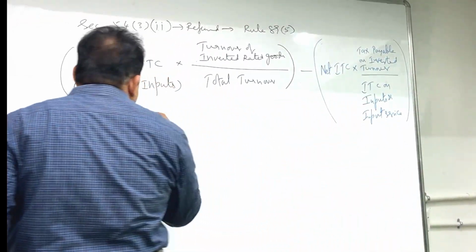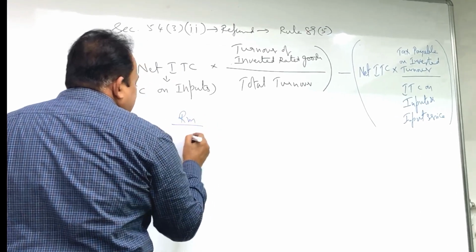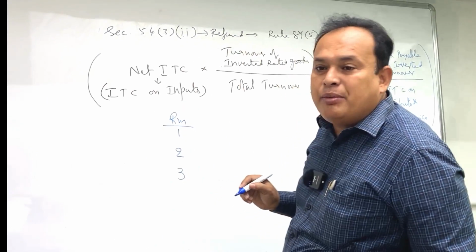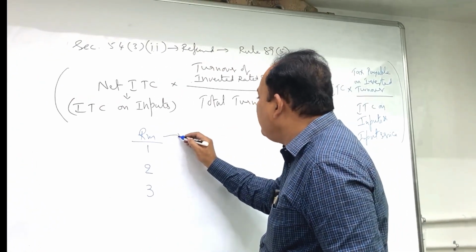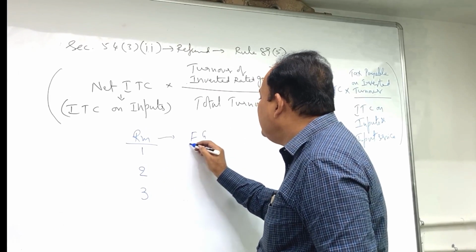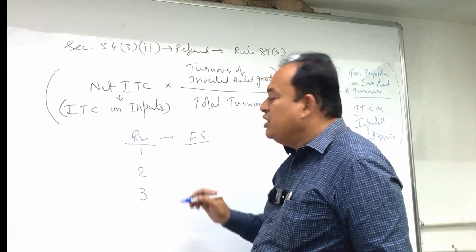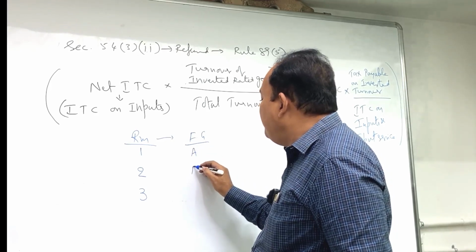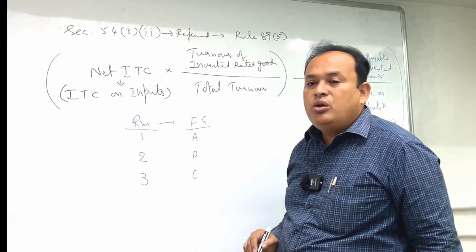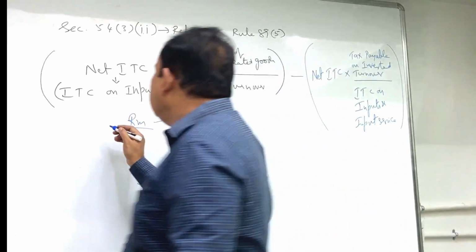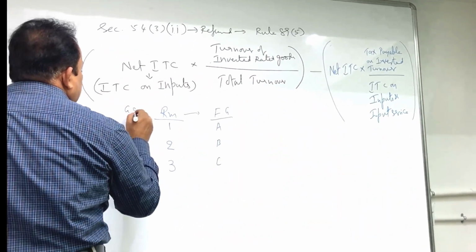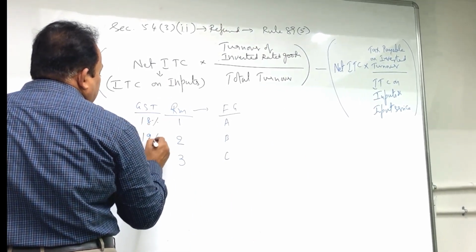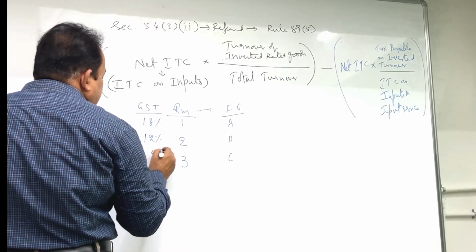I have raw material 1, raw material 2, raw material 3, which are used for manufacture of my finished goods A, B, C. Raw material 1 GST 18%, here 12%, here let us say 5%.